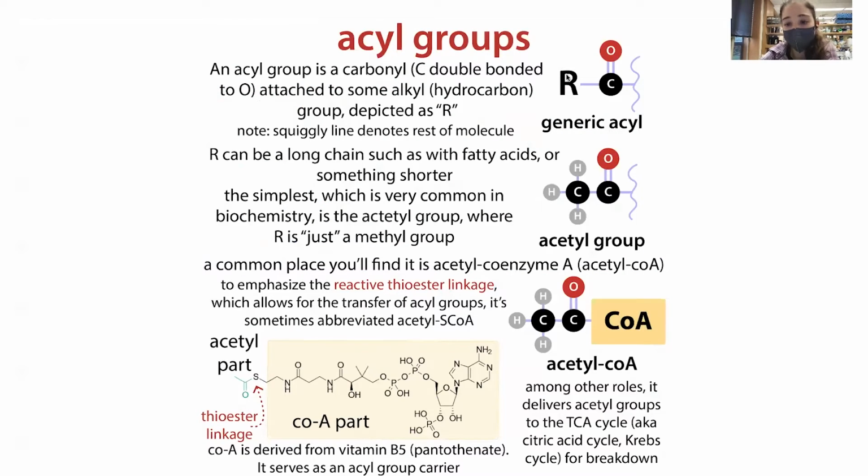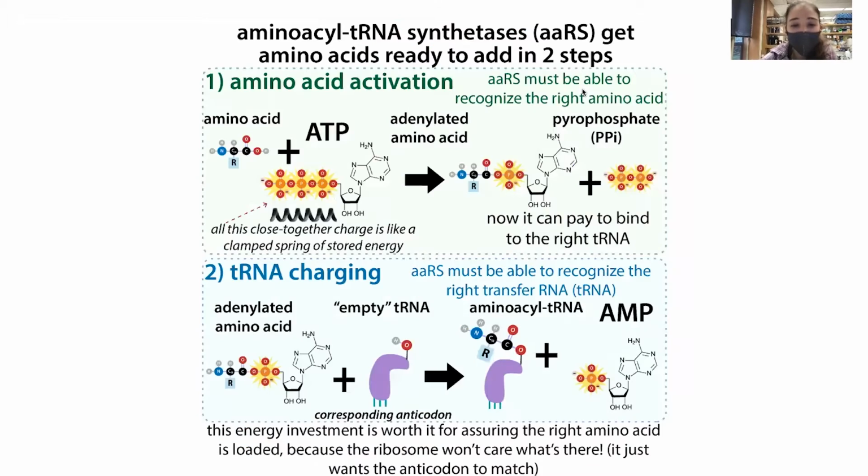So an acyl is just, you have a carbonyl, so it's double bonded to an O, bonded to some other group. And so what's happening here is that this amino acid is acting, so this part is like an acyl. And so the tRNA gets prepared with the amino acid, with this aminoacyl tRNA synthetase, and it's going to do this in 2 steps. And it's going to take ATP.